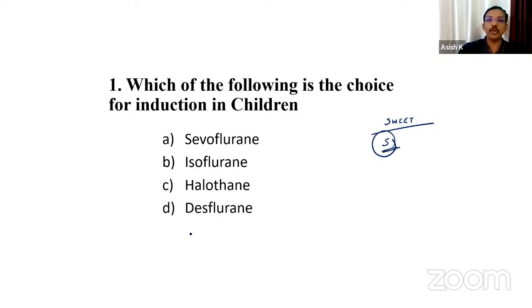Now we have 4 options. We will see how we can differentiate between them. I don't have any confusion with desflurane nor isoflurane. The only options regarding volatile agents used for induction are halothane and sevoflurane. Now, how to differentiate? Halothane was probably one of the best things which we used when we started practicing, because halothane was the older agent.